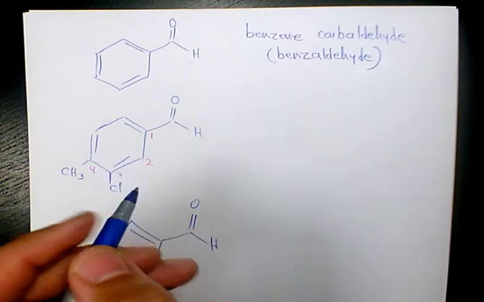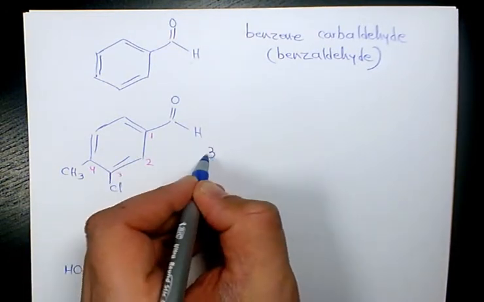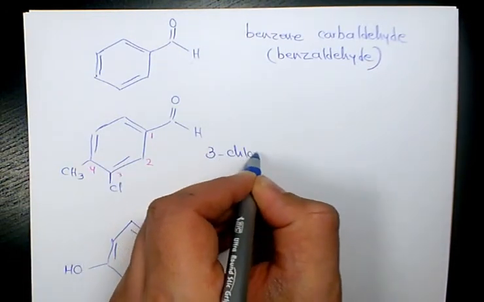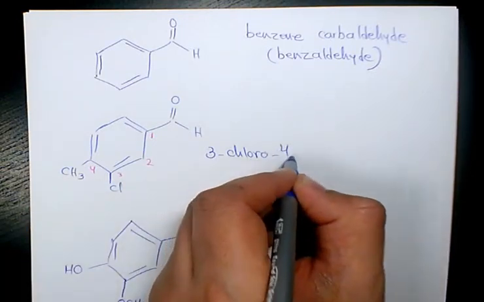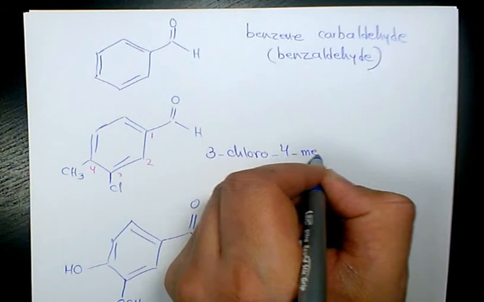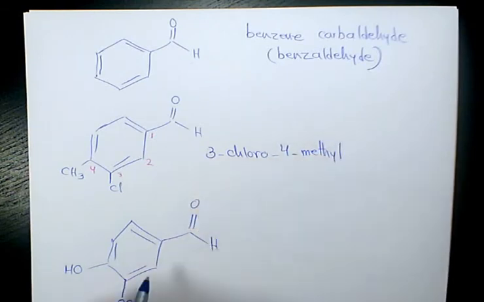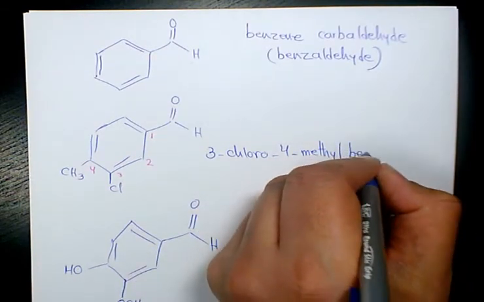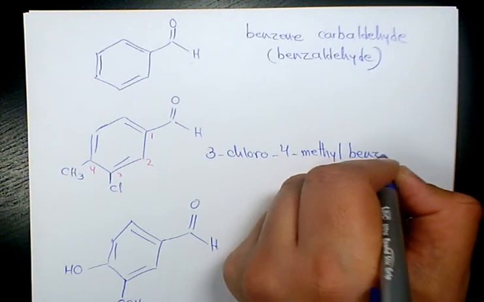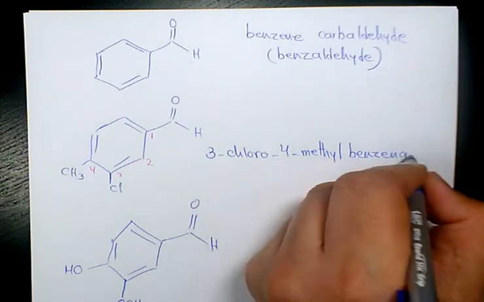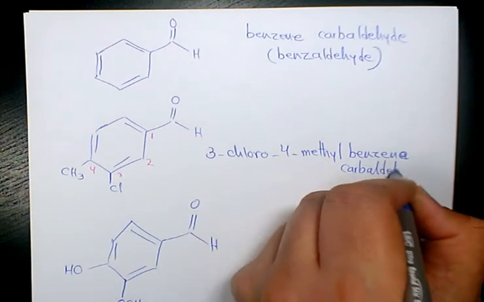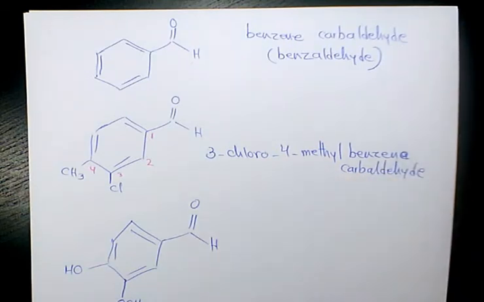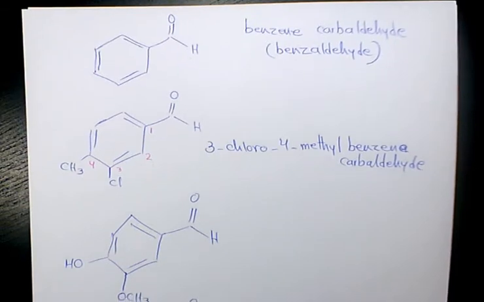Chloro comes first, alphabetic order. 3 chloro, 4 methyl, benzene carbaldehyde. Or we can say 3 chloro, 4 methyl, benzaldehyde.